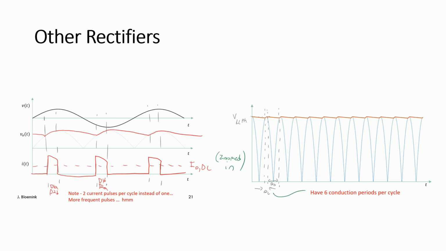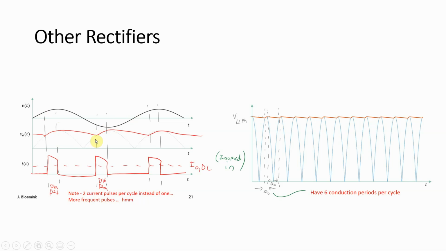For other rectifiers, full wave single phase rectifiers, or in your lab 2 where you have to work with 3-phase rectifiers, it's the same story, but this time TC, the conduction time plus the discharge time, for the single phase full wave rectifier is half of the period of the input.